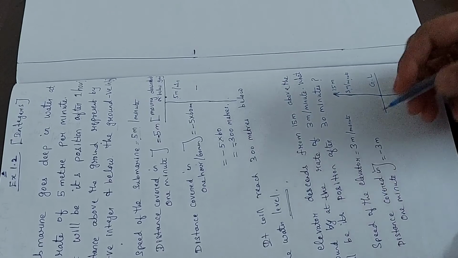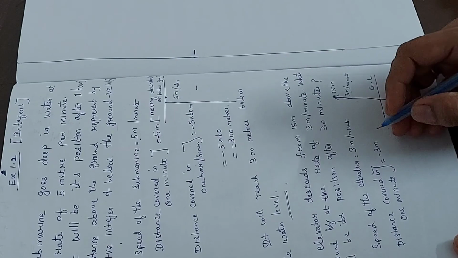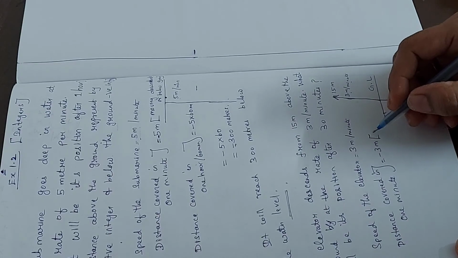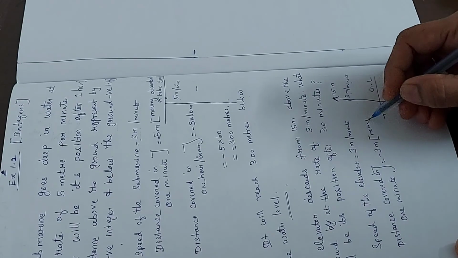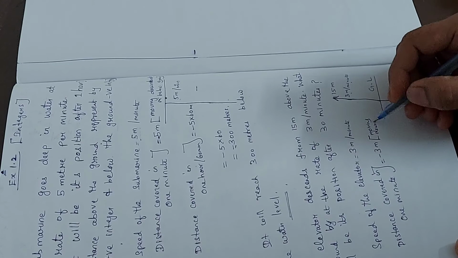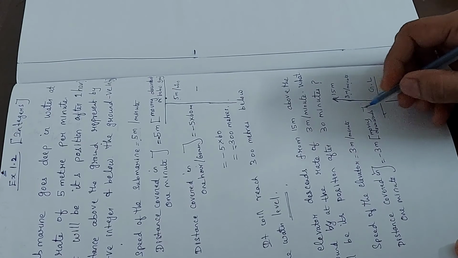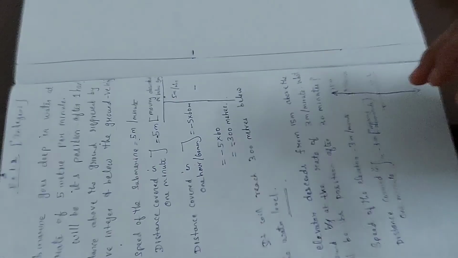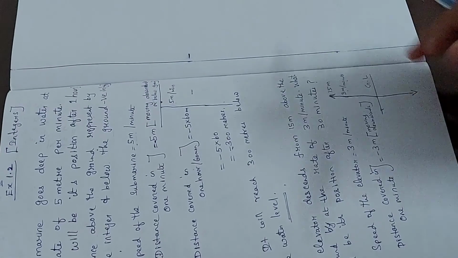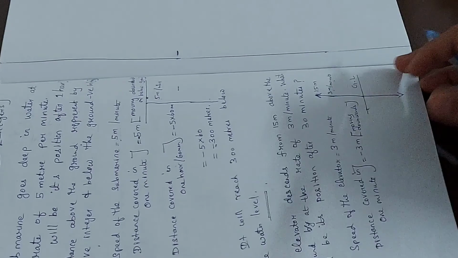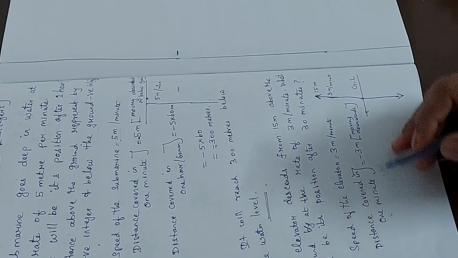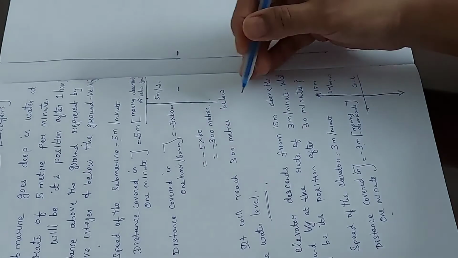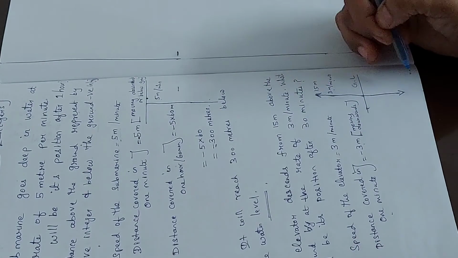Why? Because it is moving downwards, that is it is moving below the ground. So we have to mention it here, moving downwards. See, I don't have space here, so I am writing very compactly, so you write it a little bit boldly. Okay, so distance covered in a minute is minus 3 meter. Why? Because it is moving down, it is not going up, the elevator is coming down.